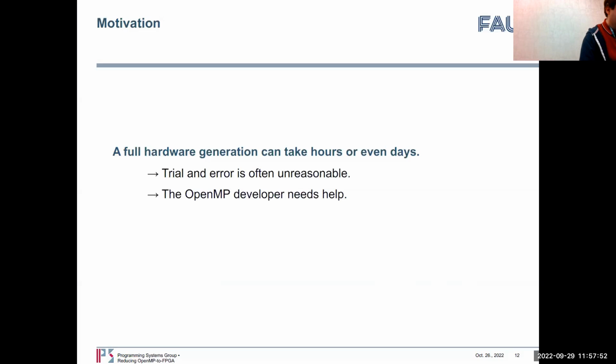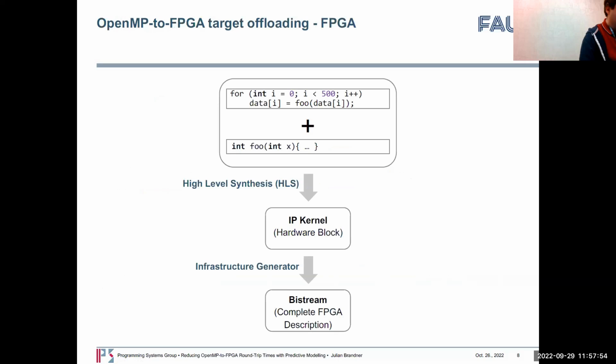You would generate one IP kernel per target region, and then combine them all along one AXI bus normally to build your system with your multiple target regions. And our experiments focused on one target region per benchmark because we didn't want any interdependencies between them.